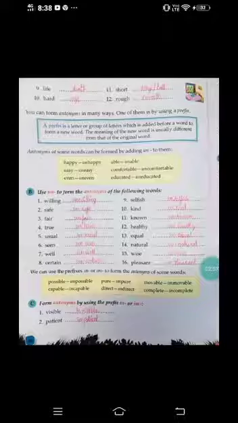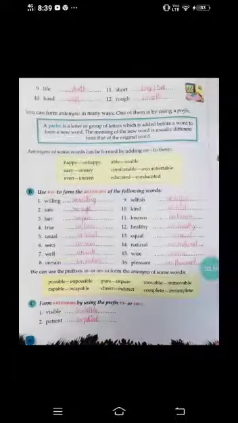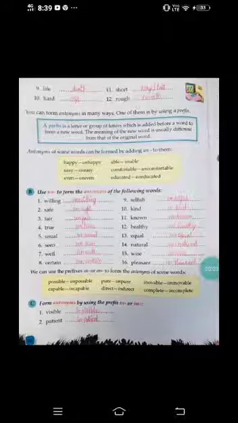Patient, impatient. Here the word patient doesn't mean a person who is unwell. No. Patient means a person who can wait for a long time, like a person who doesn't get angry easily. Impatient means a person who gets angry easily. Just quite opposite.